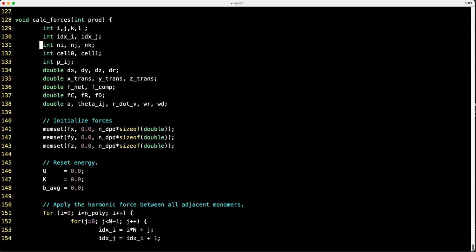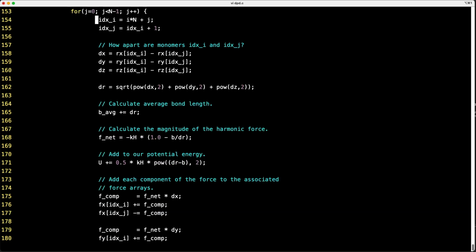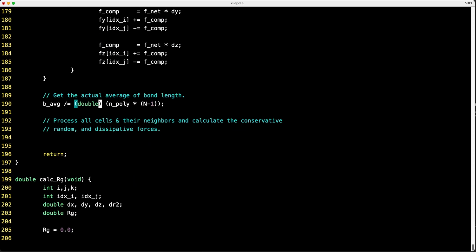There's so many indices here. I am missing those. So int NZ, NY, and NX. So these are the indices of neighboring cell, indices of cell 0.